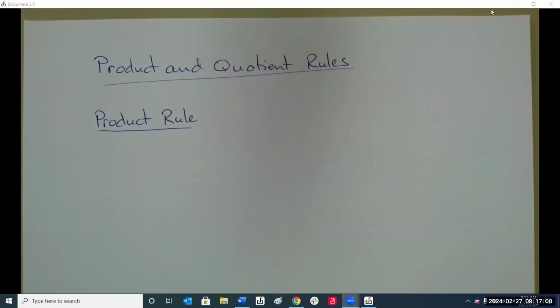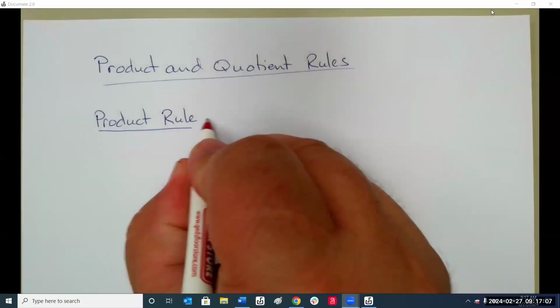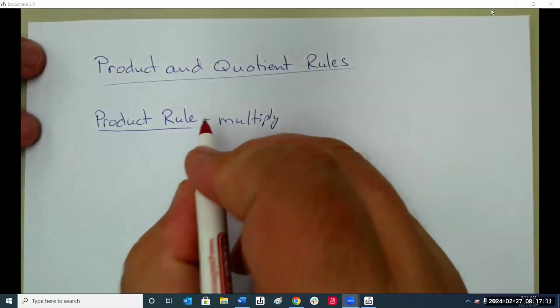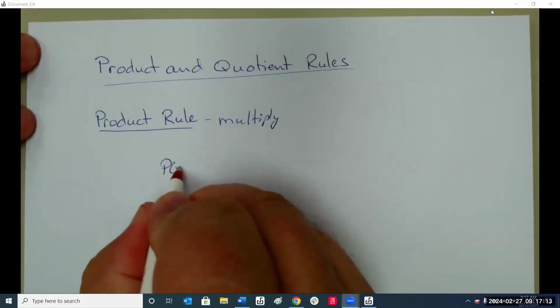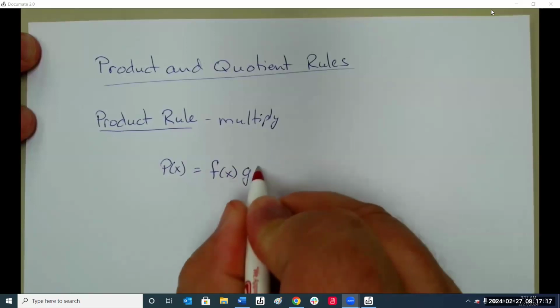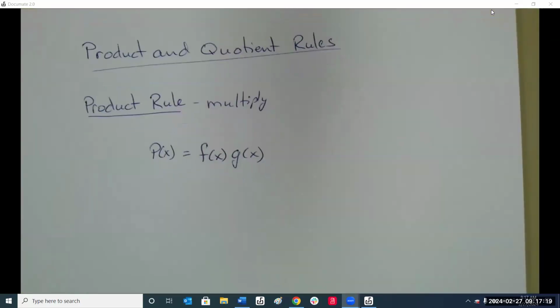What does product mean? Multiply. There's an example of the product rule. You have 2 functions multiplied by each other.